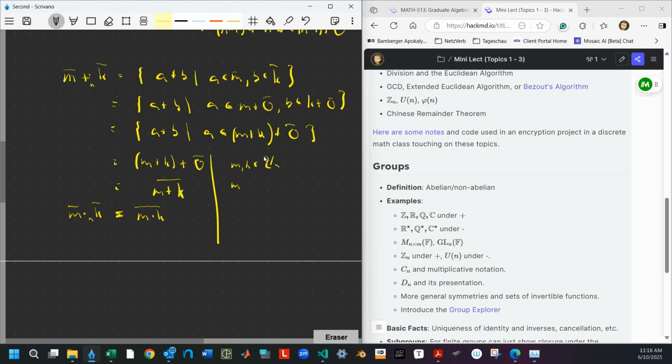Actually, I think maybe it wasn't quite like that. I think what you did in the homework is more like what I'm doing here. You took M and K and Z, and you showed basically that M plus K mod n is equal to M mod n plus K mod n.